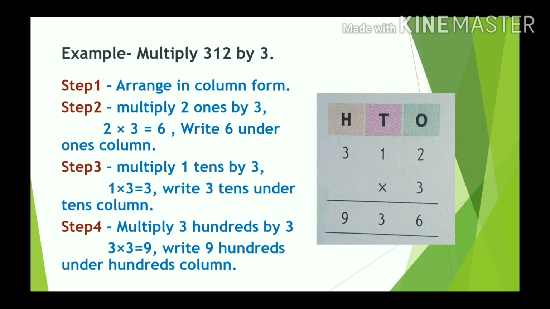Again we have multiplied 3 into 1, which is under the tens column, so 3 ones are 3, so we write 3 under the tens column. Again we multiply 3 into 3, which is written under the hundreds column. So 3 threes are 9. So we write 9 under the hundreds column. So the final answer is 936.